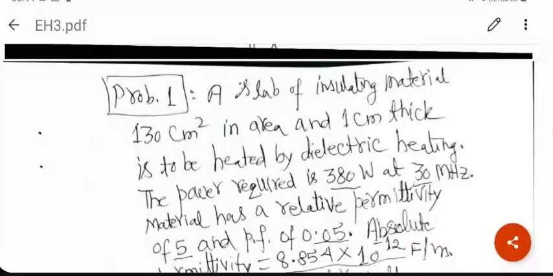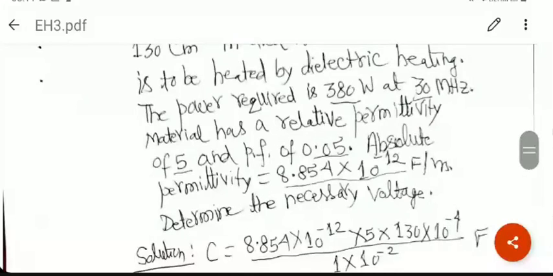The power required is 380 watt at 30 megahertz. Material has a relative permittivity of 5, which means dielectric constant, and power factor of 0.05. Absolute permittivity epsilon naught value is given. Determine the necessary voltage.